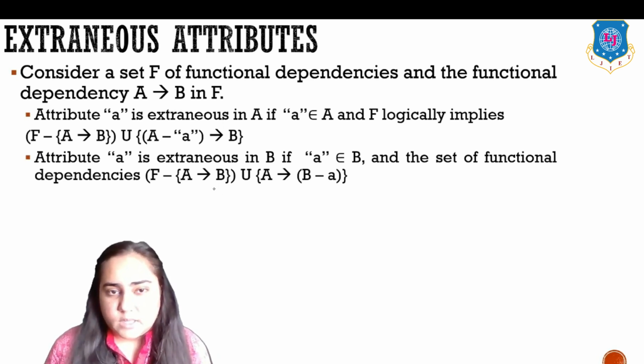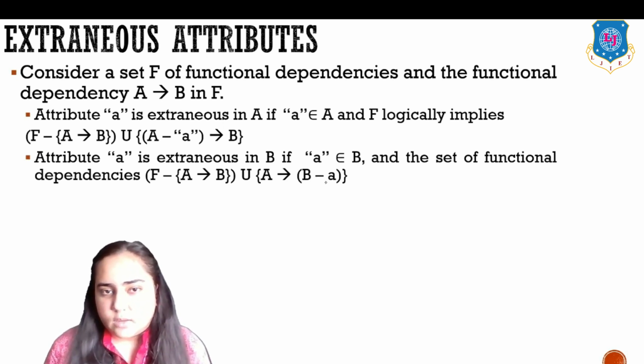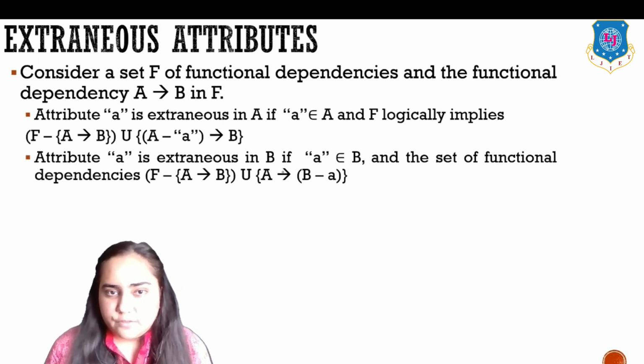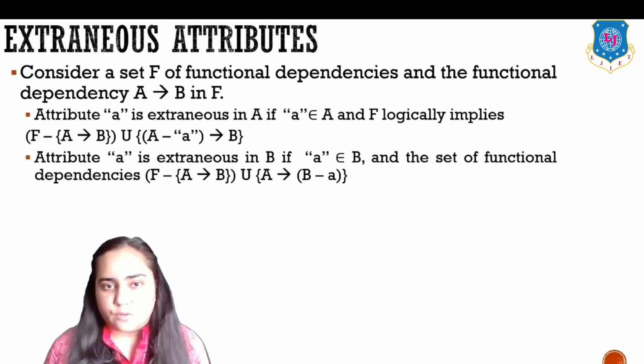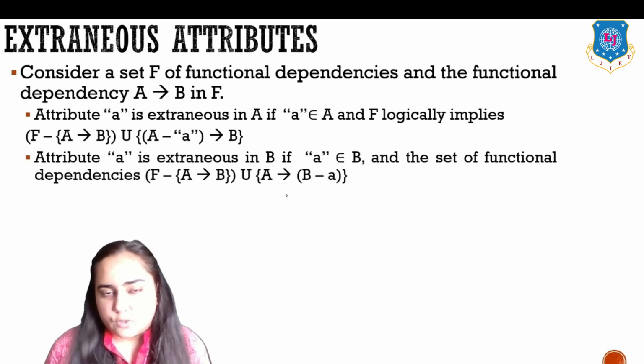The original dependency is removed, and a new dependency is added where from the right-hand side, I am removing this small a extra attribute. Now, after doing this, if the set of dependencies that I have logically implies F, which was my original set, which means I can get all my original functional dependencies back even after changing this functional dependency, then you can say this small a is an extraneous attribute and you can let go of it.